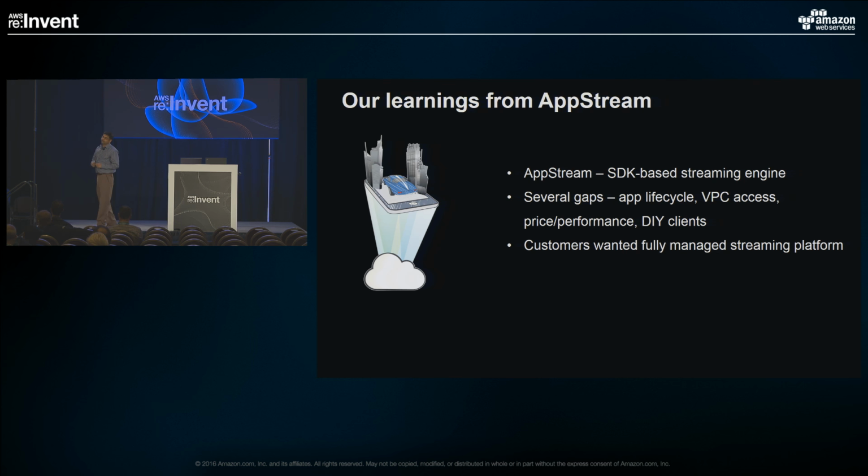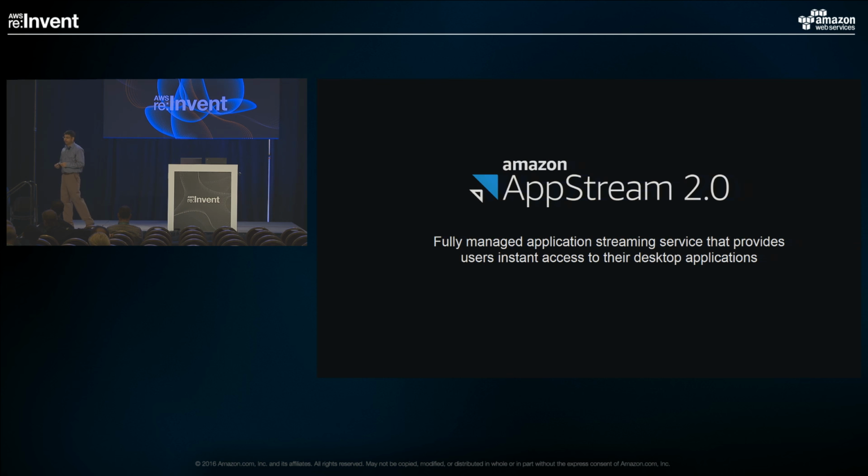So the customers gave us feedback similar to the G2 model, to figure out a solution that would give them flexibility, choice, and performance. So we went back to the drawing board and built a brand new service called AppStream 2 that we are making available today, which is a fully managed application streaming service that will allow you to deliver applications to your end users all via a browser.